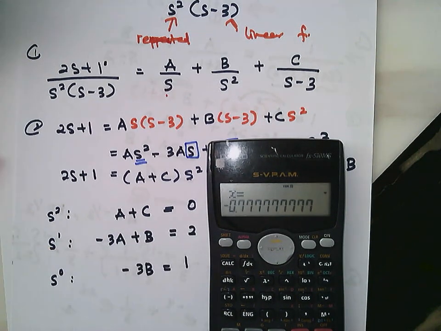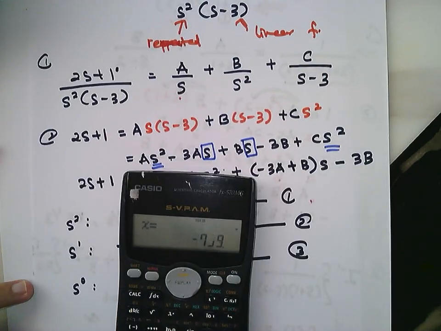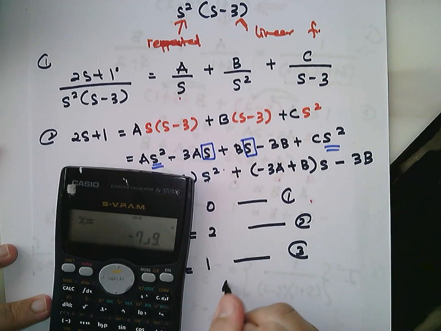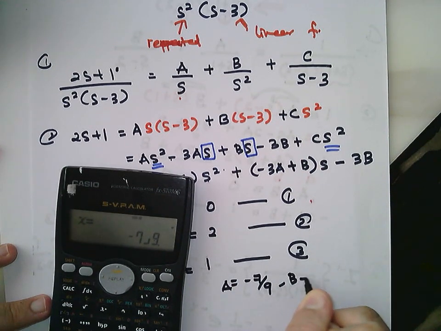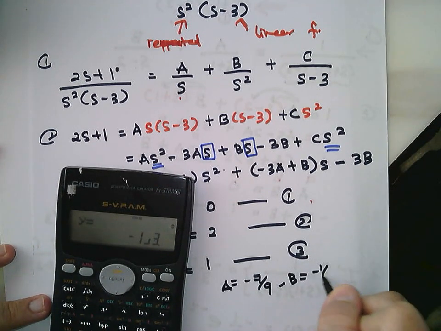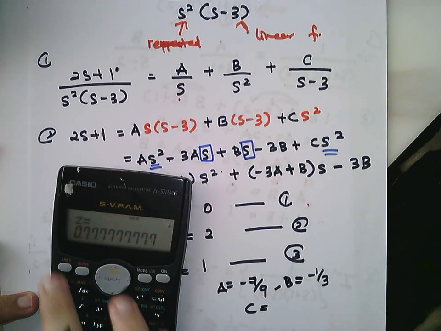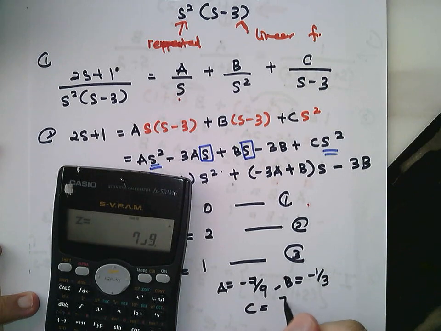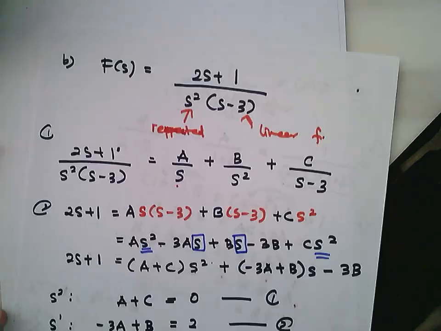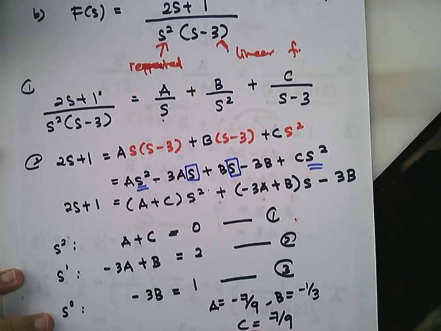Therefore a is equal to negative 7 over 9, b is equal to negative 1 over 3, and c is equal to 7 over 9.